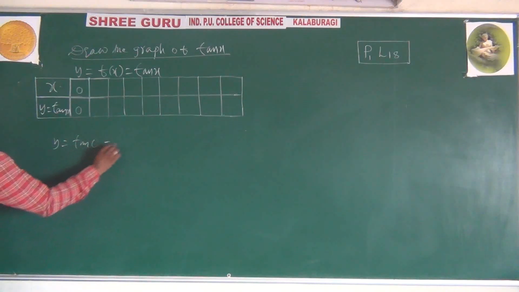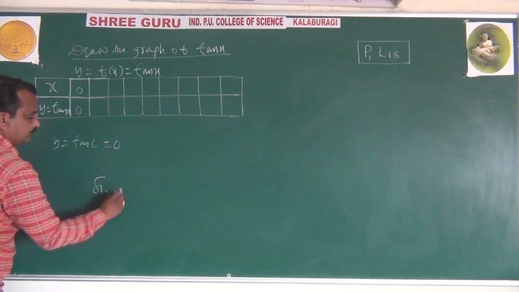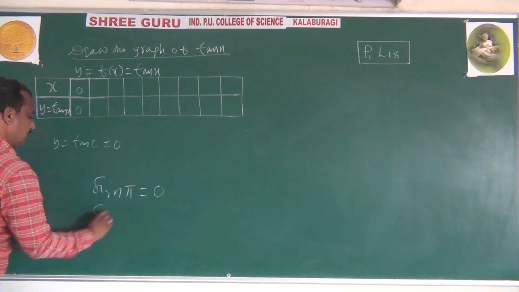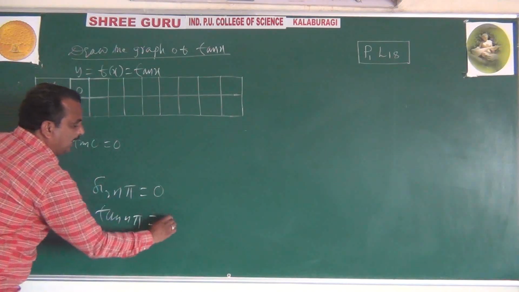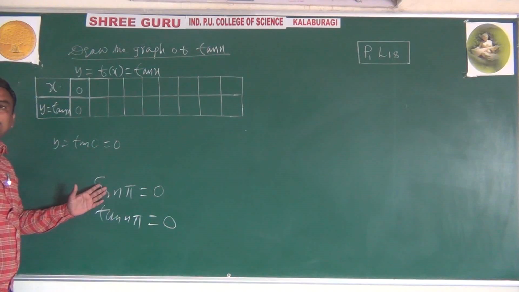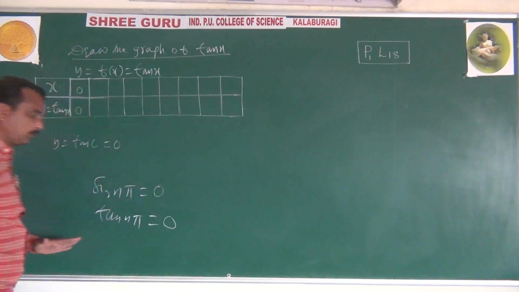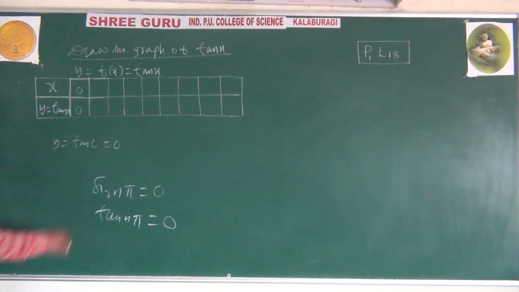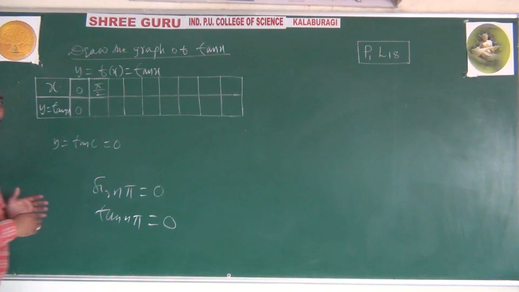Remember, students, sin n pi is zero, and tan n pi is also zero, because tan is sin by cos. The numerator is 0, so don't bother about the denominator. It is 0.